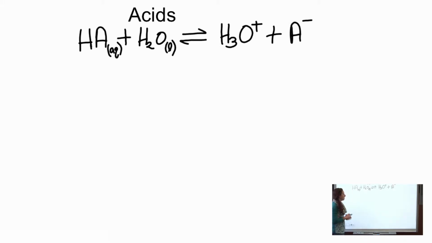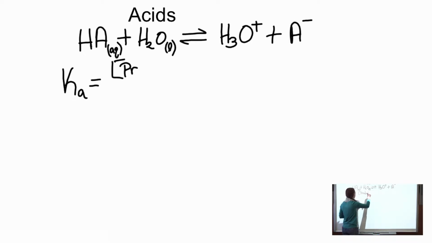We can know a lot from this, especially when we have Ka. So Ka is going to be your dissociation constant for your particular acid, and this is always going to be another equilibrium constant, so you're going to have your products over your reactants.